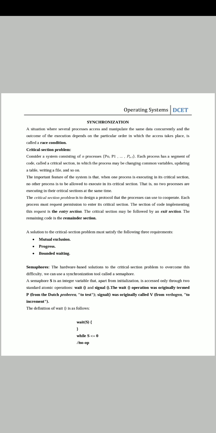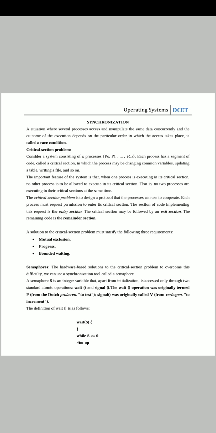P stands for proberen. Proberen in Dutch is nothing but to test. V here is verhogen, which means increment. In Dutch, verhogen is nothing but to increment.